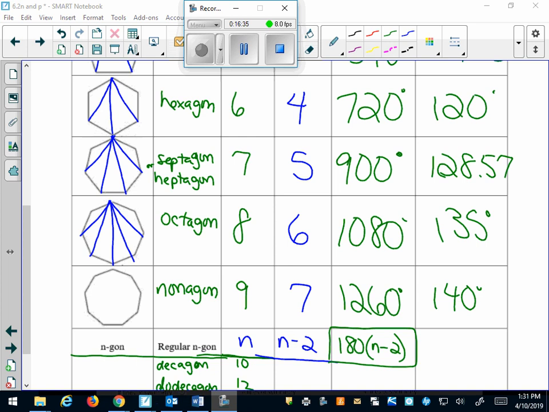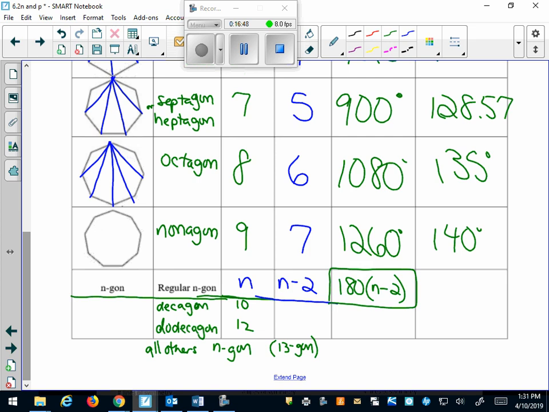Okay, so the measure of each interior angle should be that last column there, but how could we write a formula for that? Again, in terms of n, what did we do to get the measure of each interior angle? Ella?